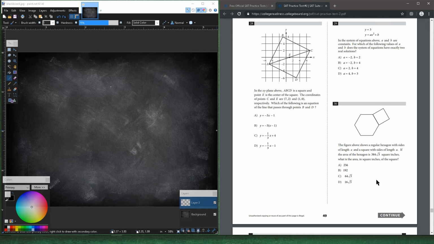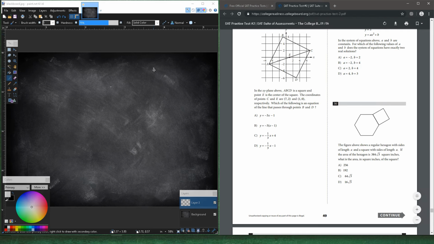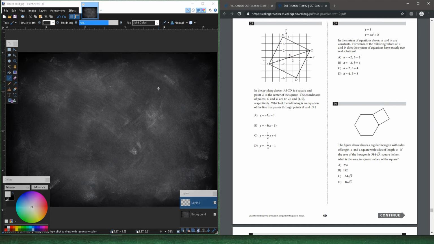The figure above shows a regular hexagon with sides of length A and a square with side length A. If the area of the hexagon is 384 square root 3 square inches, what's the area in square inches of the square? The hexagon is made out of just 6 equilateral triangles.